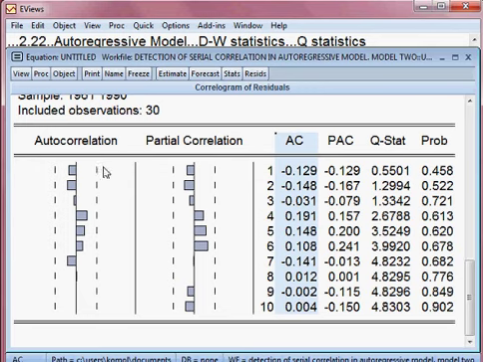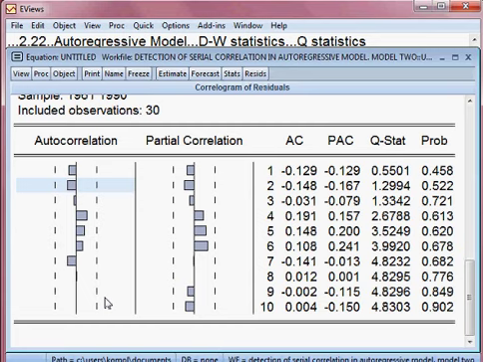We can say it the other way also. These are called spikes, right? When the spikes are within these two lines, then we can say probably there is no serial correlation in the model.